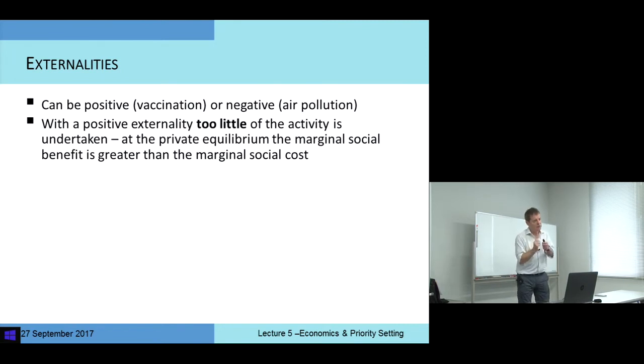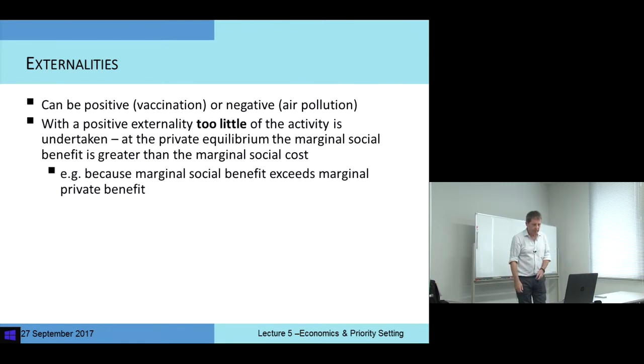In other words, by doing a bit more we have an opportunity to get additional benefit, enough to compensate us for the additional cost, or more than compensate us. This arises because the marginal social benefit of an activity exceeds its marginal private benefit. This would be the example in vaccination.